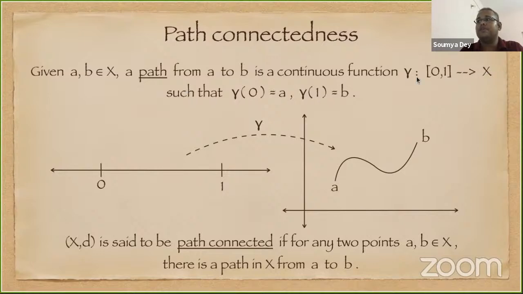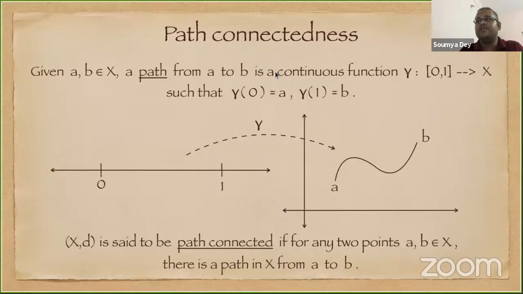So you know the meaning of a continuous function from a metric space to a metric space. The image of the initial point 0 should map to A, and the image of the end point should map to B.